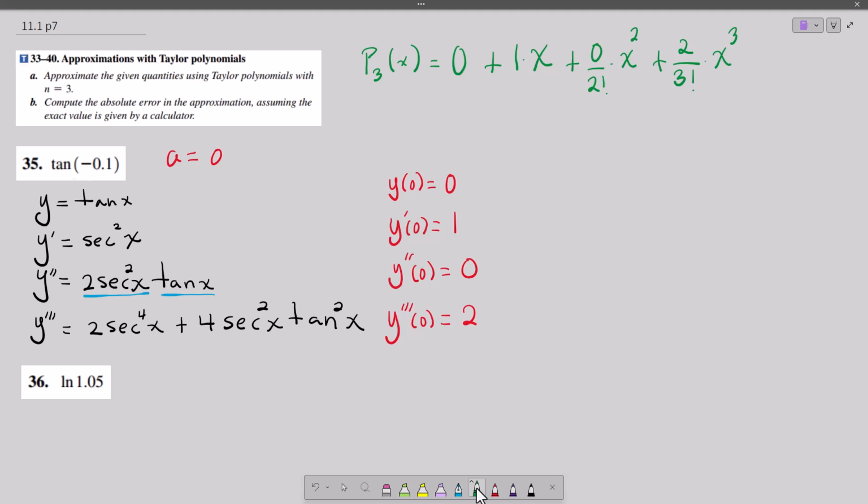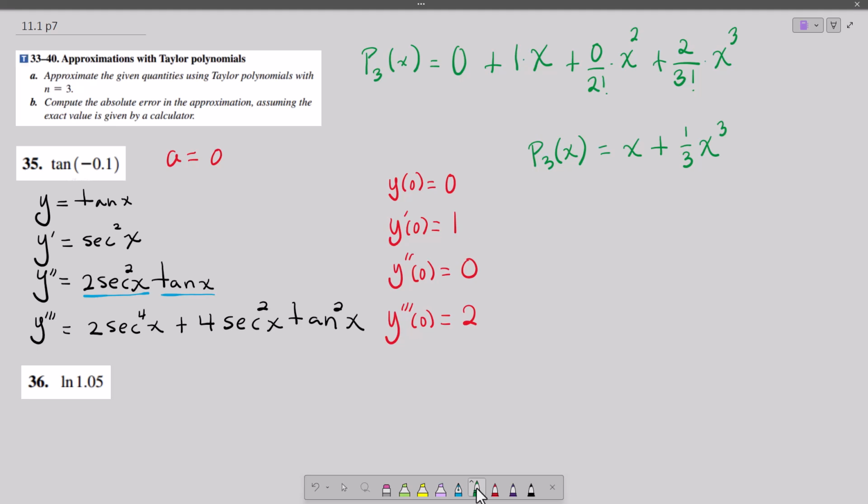And because they're asking us some stuff over here, we are going to simplify this a little bit because they are asking us to do some substitution. So if we simplified this, we'd have x plus 1/3 x cubed. So there is our simplified p sub 3, simplified third order approximation.